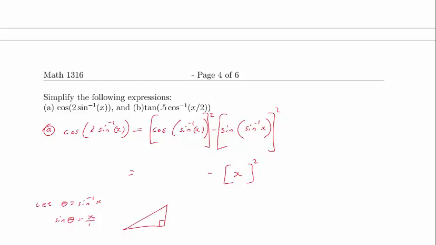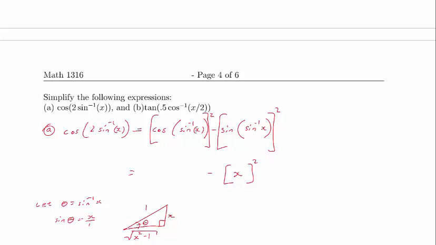Right, so right triangle, here is an angle theta, and so sine is opposite over hypotenuse. We have an x over here, the hypotenuse is here. We can figure out the missing leg using the Pythagorean theorem. So we have the square root of x squared minus 1 is that missing leg.